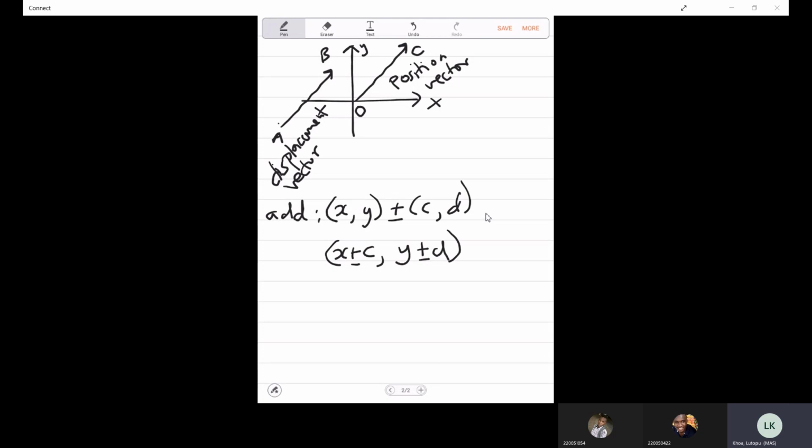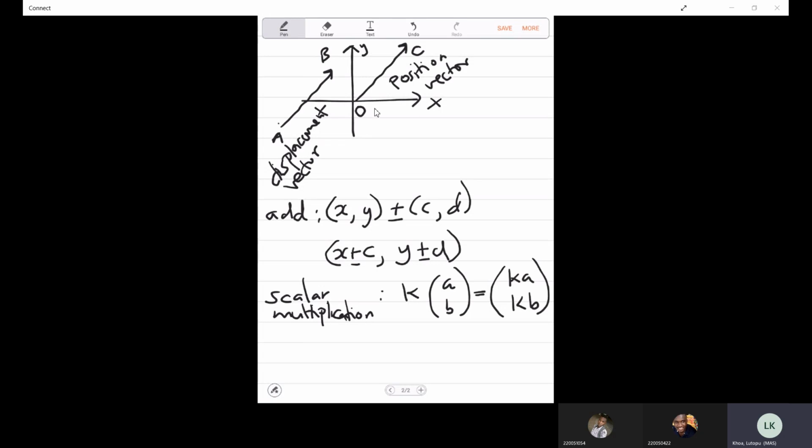Then we also have scalar multiplication. Let's say I have a scalar k and I want to multiply it by this vector AB. All I do is this k multiplies in there, this k multiplies in there, and this is just kA times kB.